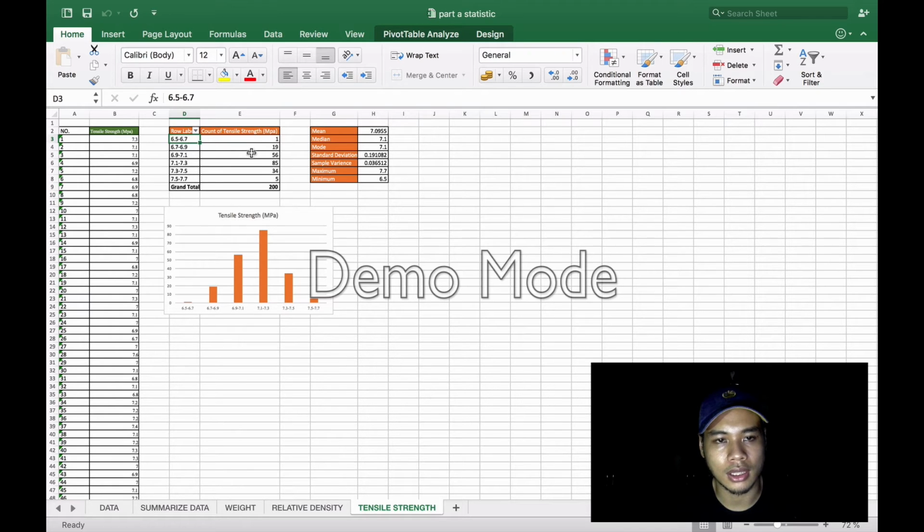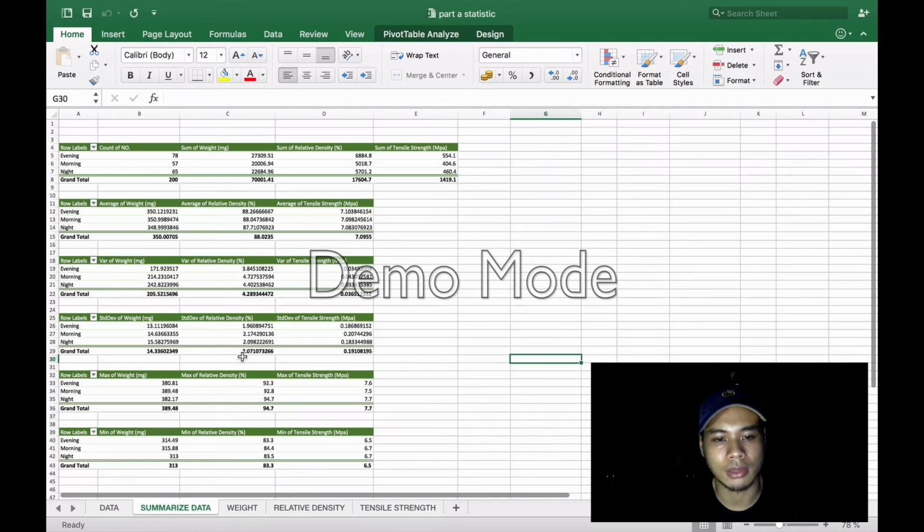I use this table to create this bar graph. We can see the highest count is 7.1 until 7.3, which is 85. This table is the summarized data from the summarized data.